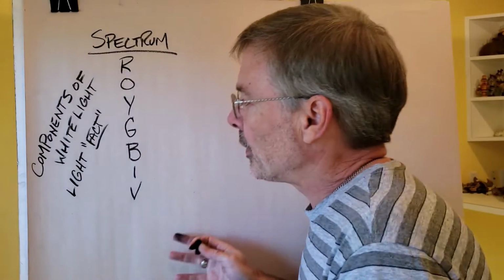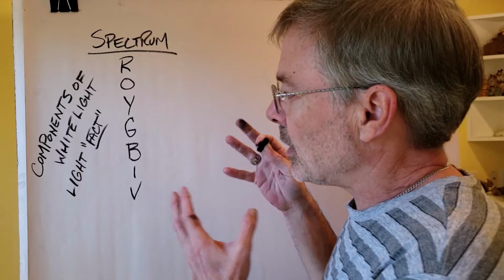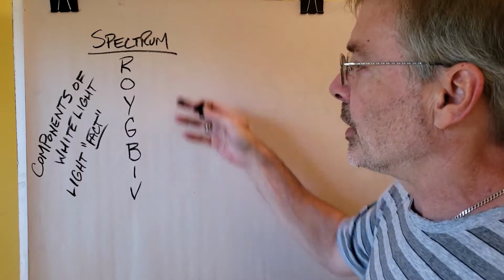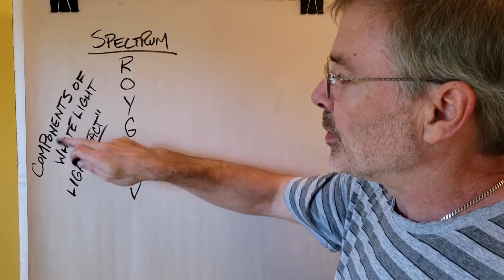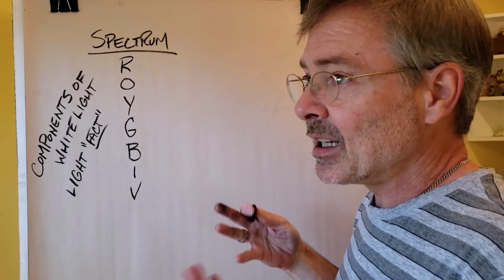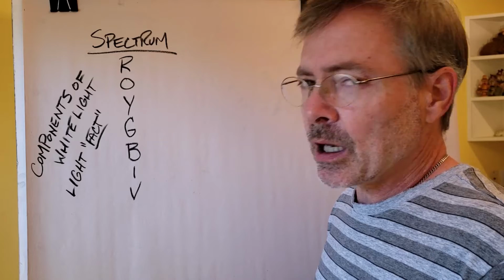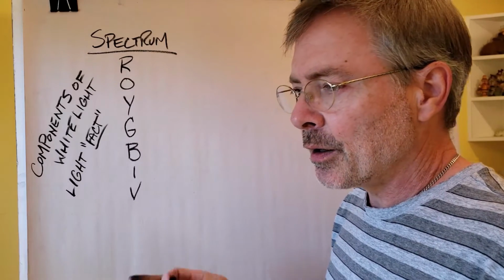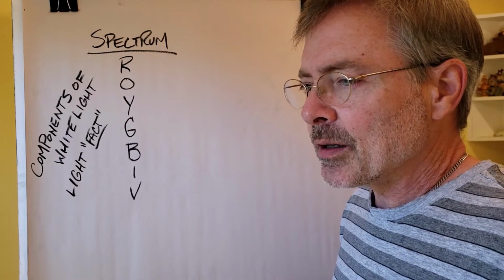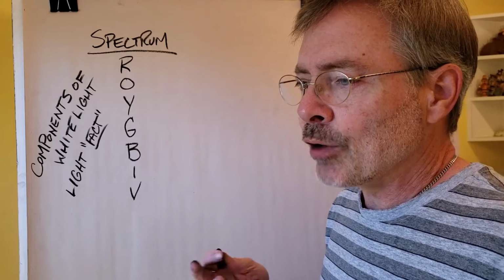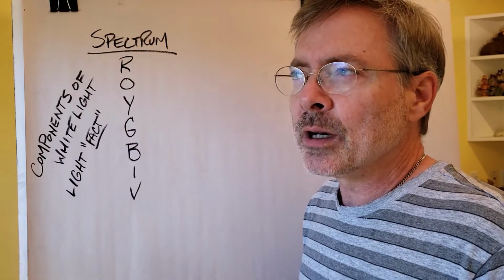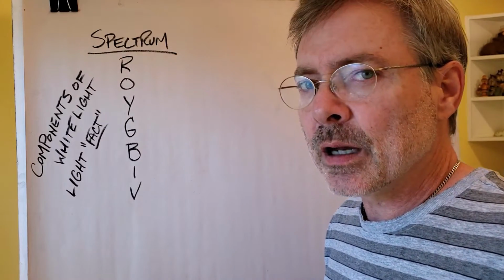Why am I pointing out that this is light fact over here with the spectrum? Remember, the spectrum is components of white light. It is light fact. The reason that I say that is because most of the time when we're looking at color in our environment, we're not seeing color directly at its source. We're not looking at the rainbow itself.